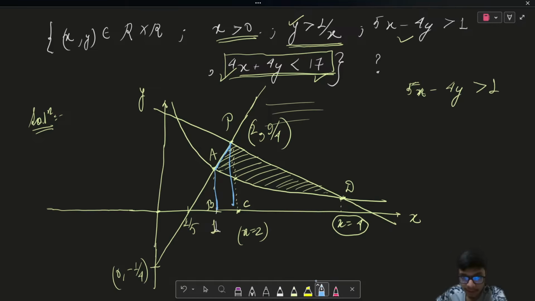If you look over here, this is particularly a trapezium, and this is another trapezium. If I sum up the areas of these two trapeziums and then subtract this blue region, I will get the required yellow region area. It's very simple.